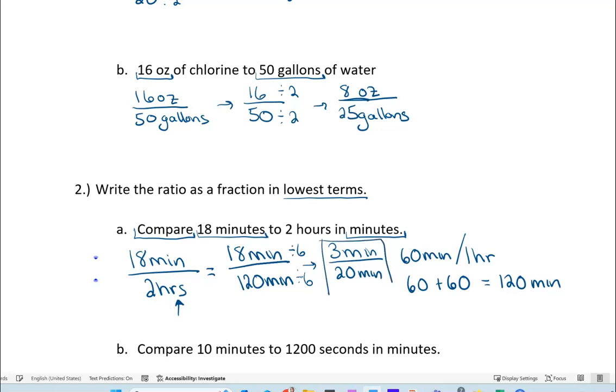And that is your final answer. So the difference between these problems for number 2 and the problems in number 1 is that we need to do a conversion because our units aren't the same. And you need to end up with the unit that you're being asked for in terms of the answer.